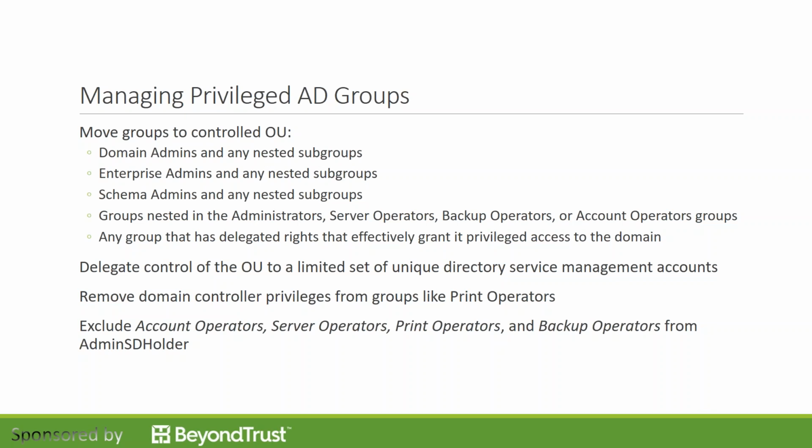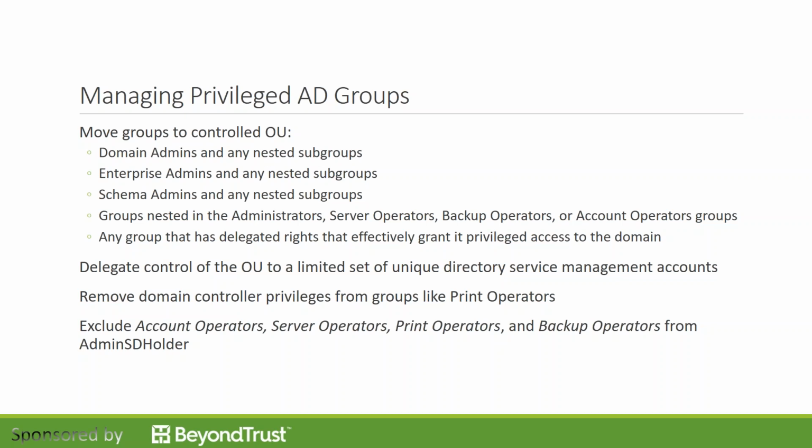So why move those particular groups to a controlled OU? Because we can delegate control of that OU to a unique set of accounts, and I'm going to call them directory service management accounts, and only those accounts are allowed to populate those privileged groups.